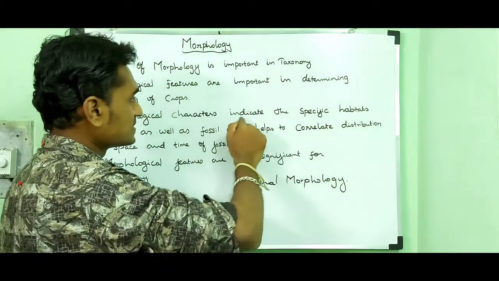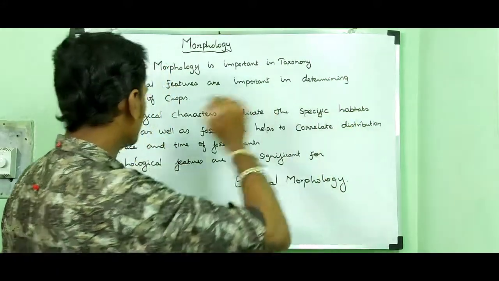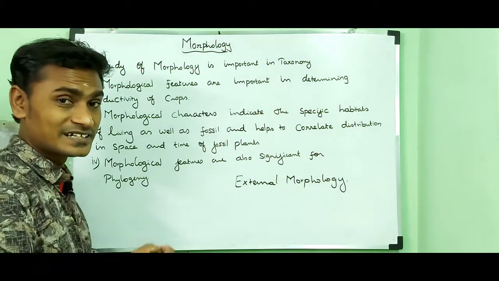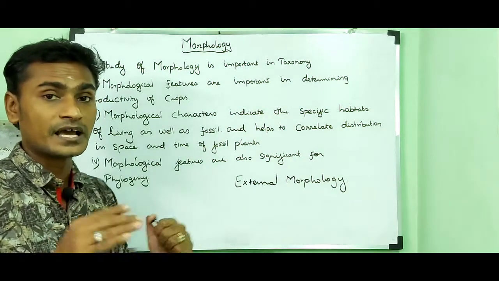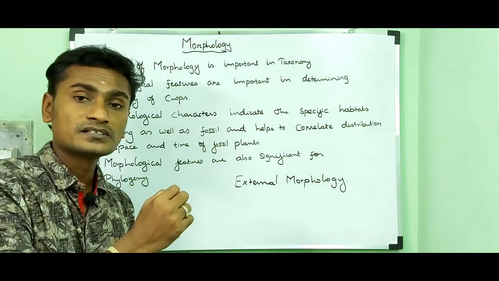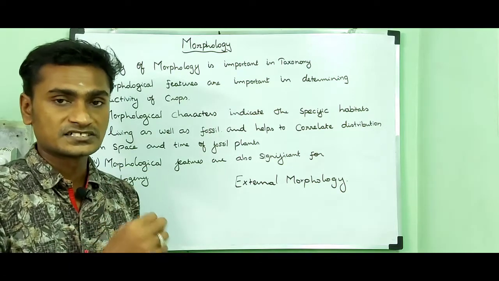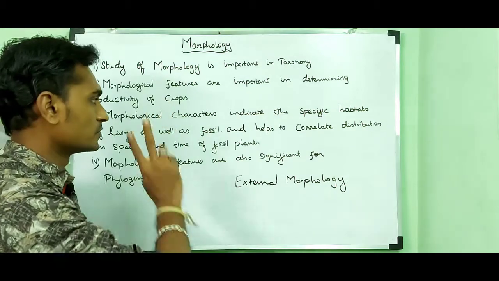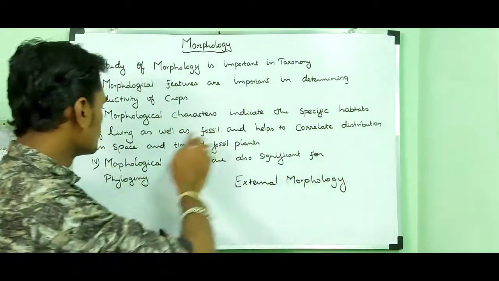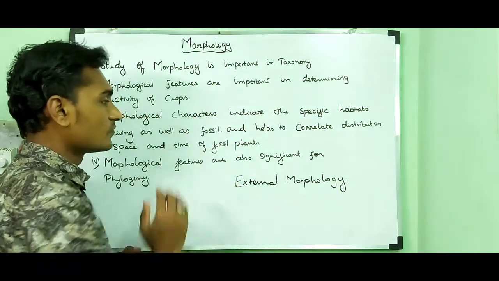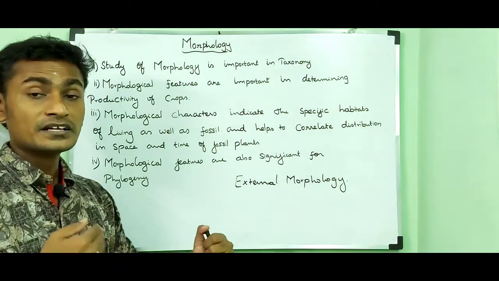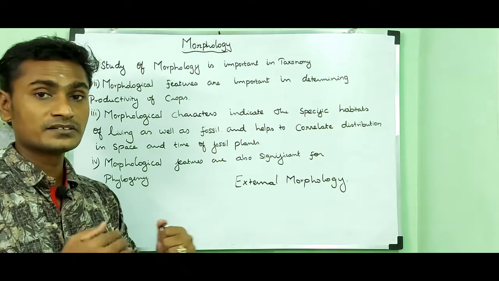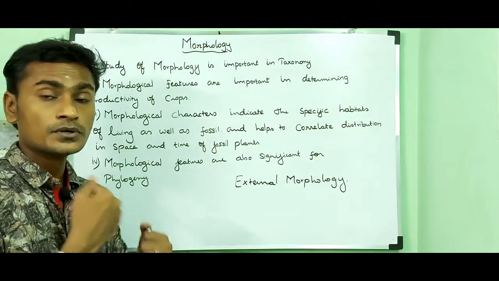Morphological characters indicate the specific habitats of living as well as fossil. So morphological character can indicate the specific habitat, whether it is an aquatic plant or a terrestrial plant, whether it is a living or a fossil. சரிங்களா, நம்ம கண்டுபிடிக்க முடியும். Helps to correlate distribution in space and time of fossil plants. So ரெண்டையும் ஒப்பிட்டு பார்க்க முடியும். சரிங்களா, ஃபாசில் பிளான்ட்டையும் அட் பிரசன்ட் பிளான்ட்டையும் அதோட டிஸ்ட்ரிபியூஷன ஒப்பிட்டு பார்க்க முடியும்.